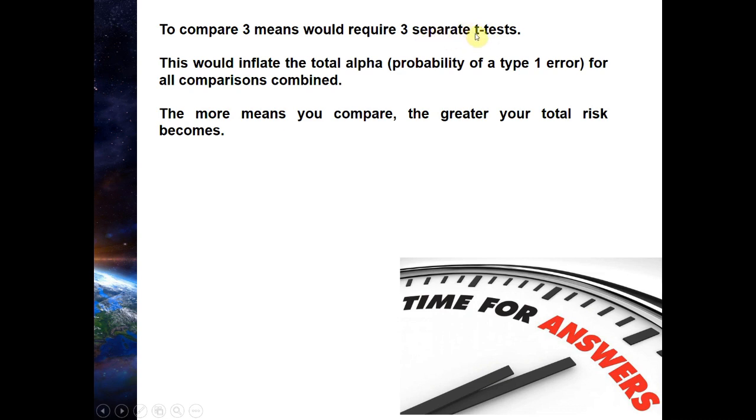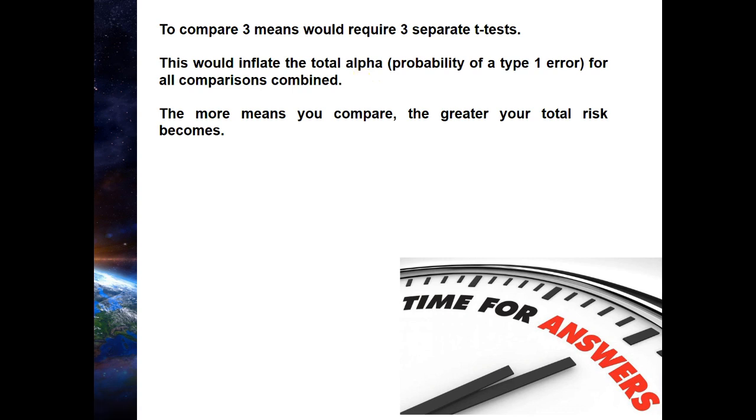And you might not think that that's a bad thing, right? T-tests are pretty easy to do on SPSS. However, each t-test here carries a risk of making a type 1 error. So if we run 3 of these, then we are inflating the total risk of a type 1 error. So the total alpha for all comparisons combined would exceed whatever we wanted alpha to be set at.